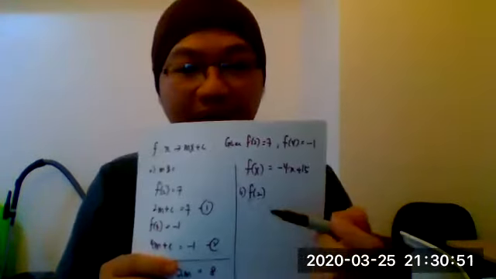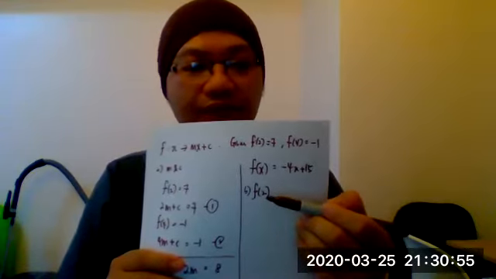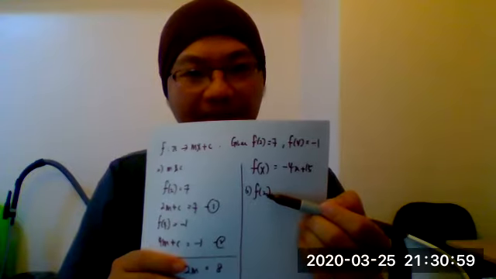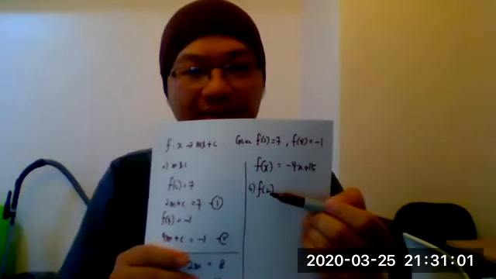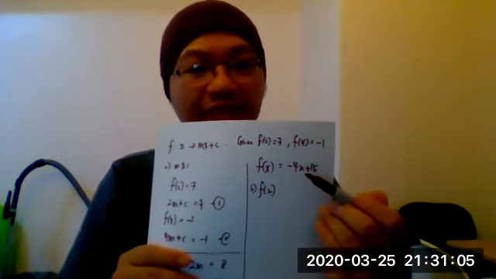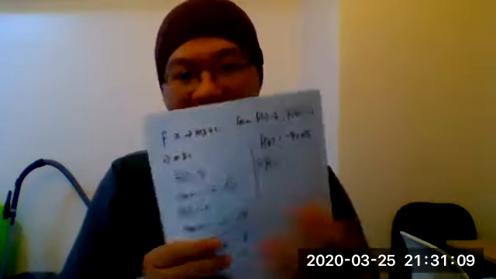Alright, so this is question B. We want to find the image of 2. That means the function becomes f(2). So 2 will be your x. What we need to do is substitute x equals to 2 into the function. Then tell me how much the answer is after you substitute 2.